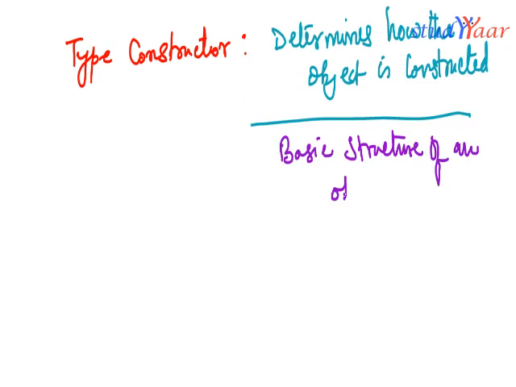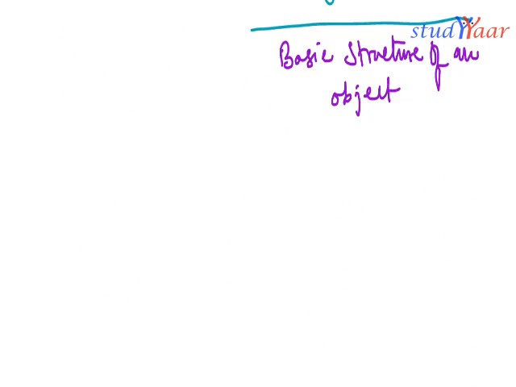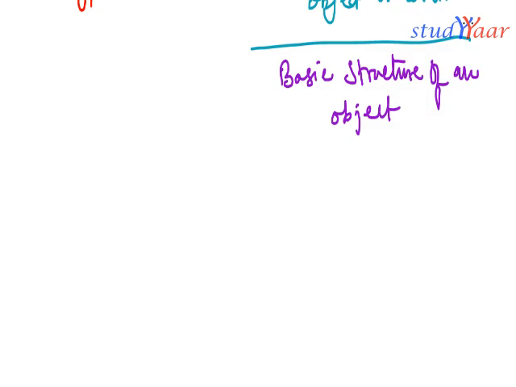So what is the meaning of this basic structure? We will see the different types of type constructors, and we'll understand what this basic structure means.